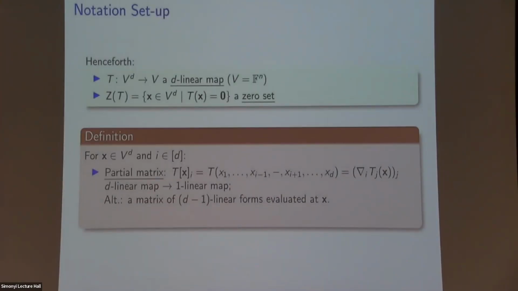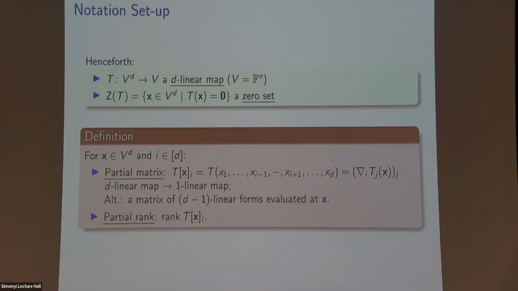Another view of that: you have a matrix, so it's two-dimensional, but every entry is a polynomial. It's a d-1 linear form, so it's a matrix of polynomials evaluated at that point x, where I don't care about the ith component, but otherwise it's evaluated at x. Let's call partial rank the rank of a matrix like that.